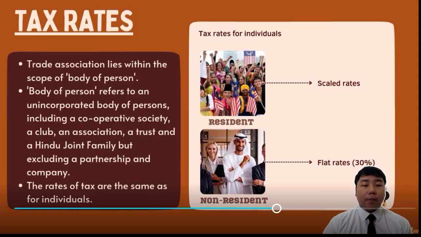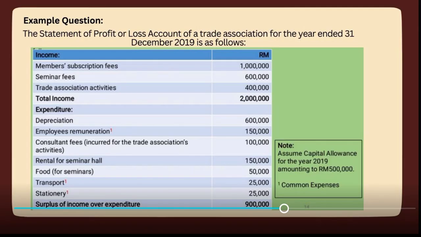The rates of tax are the same as for individuals. For resident, it follows the scale rates, and for non-resident, it follows the flat rate, which is 30%.